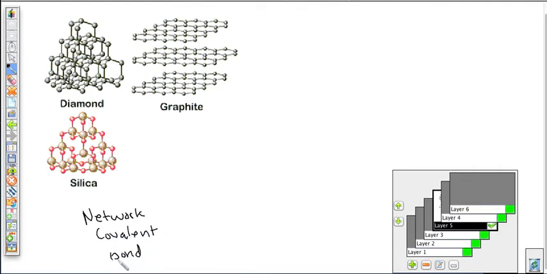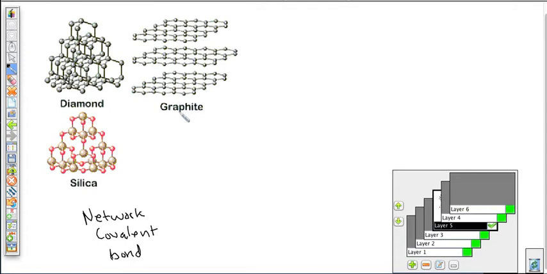Now, this is going to be the hardest and best of all of the intermolecular forces. So essentially what happens in a network covalent bond is that you form some sort of a lattice of molecules held together. And so essentially it becomes one big gigantic molecule. And so there's actually sharing of electrons in a sense between these little links in the lattice.